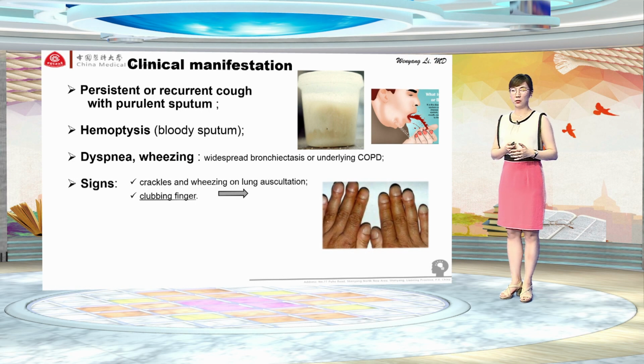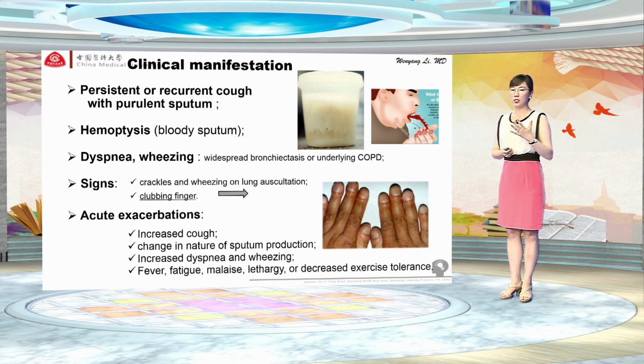In some patients, they might have dyspnea and wheezing, especially in patients with widespread bronchiectasis or underlying COPD. Physical findings often include crackles and wheezing during lung auscultation, and in some patients, they might have clubbing fingers, which look exactly like this. This clubbing is a result of hypoxia for a long period of time.